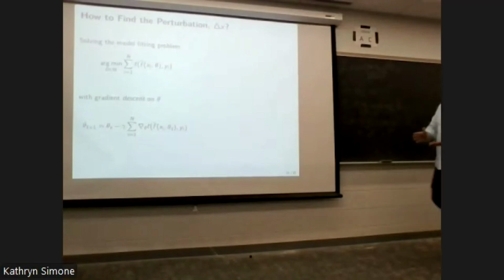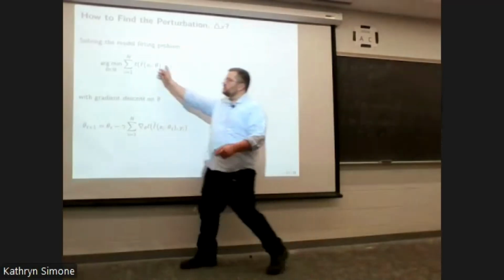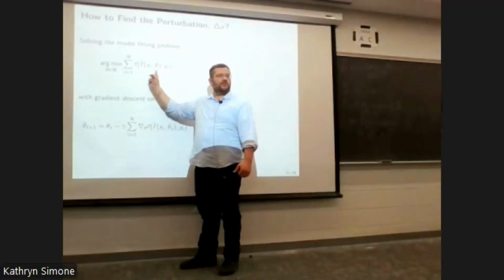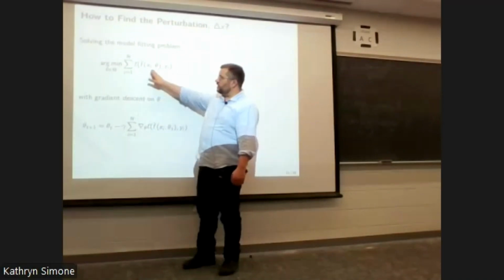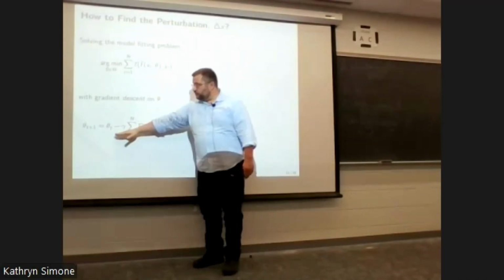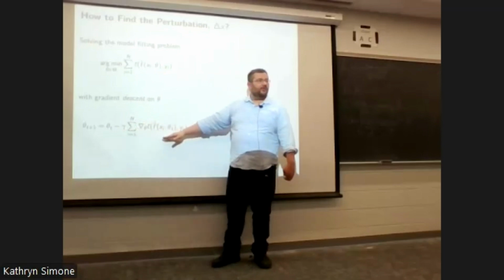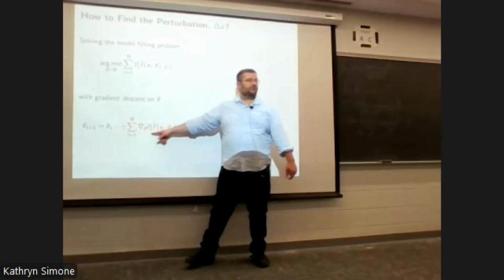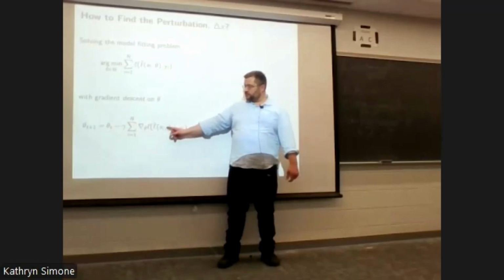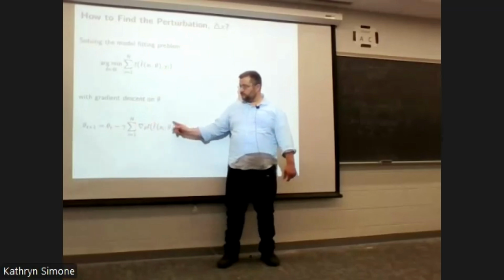When we're training a neural network, we minimize the loss over all the points in the batch or the data set, and we take the gradient with respect to the parameters, and we do gradient descent on the parameter space, the semantic space. So we take the old parameter setting and we subtract the gradient of the loss function with respect to theta.